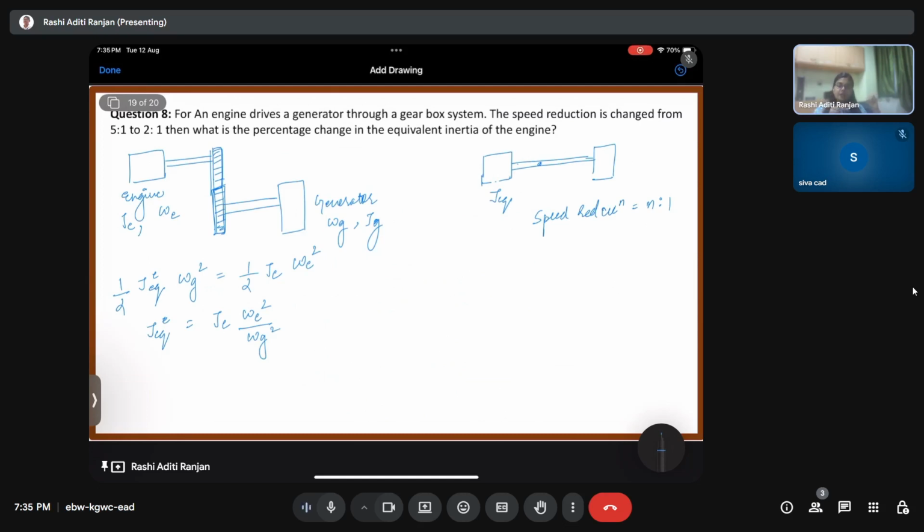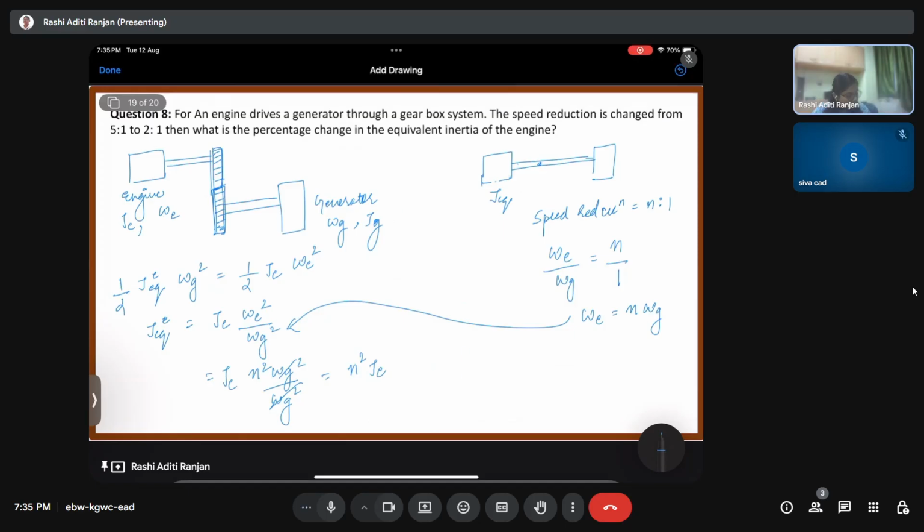The speed is being reduced. So omega E by omega G is equal to n by 1, or omega E is equal to n times omega G. If I put it in this equation, what do I get? I get JE into n square omega G square by omega G square, which is equal to n square JE.